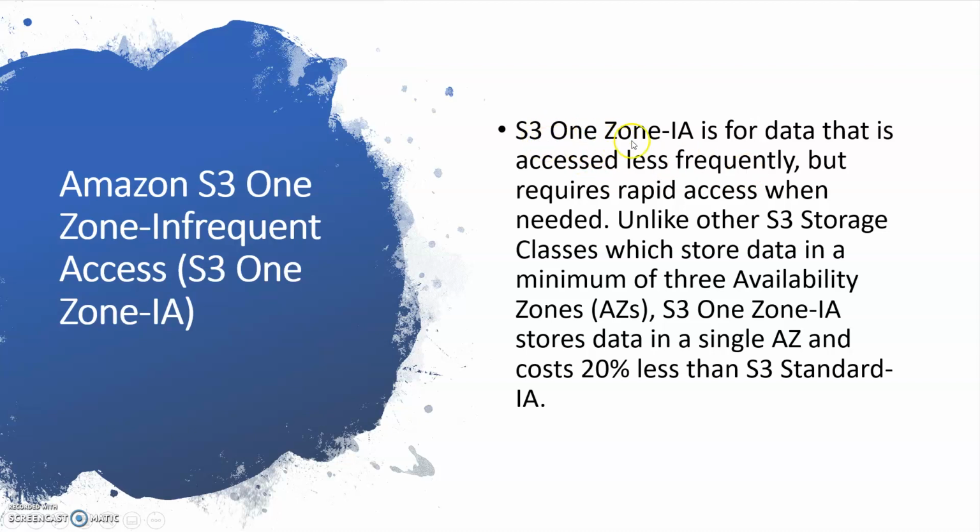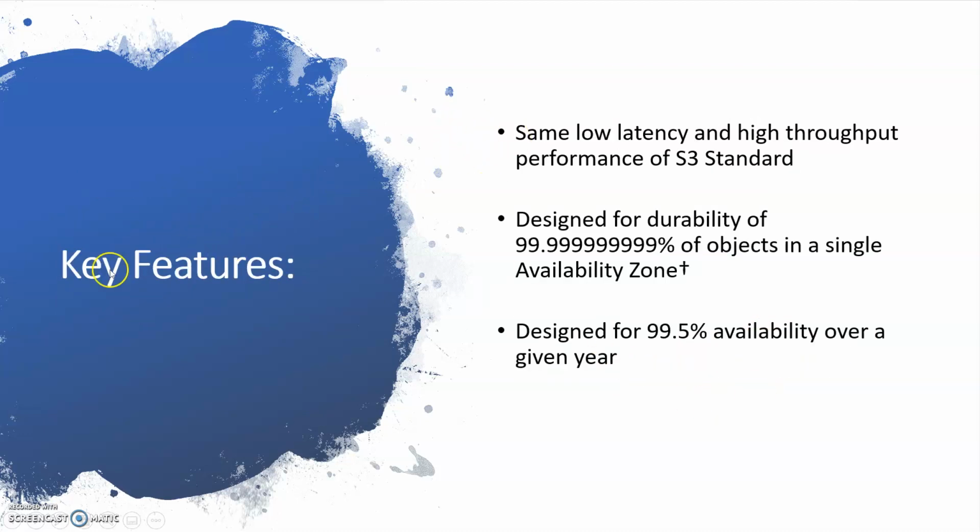So S3 One Zone-Infrequent Access is for data that is accessed less frequently but requires rapid access. Unlike the other S3 storage classes, which store data in a minimum of three availability zones, S3 One Zone-IA stores data in a single availability zone and costs 20% less than S3 Standard-IA. Now, the key features: the same low latency and high throughput performance as S3 Standard general purpose, also designed for durability of 11 nines, but here it is designed for 99.5% availability.